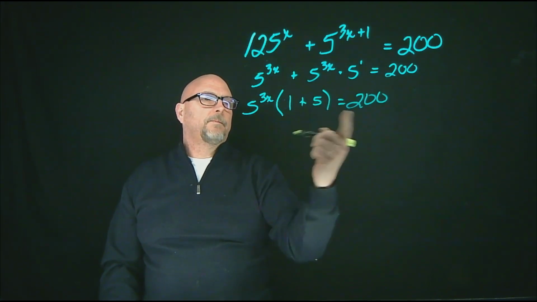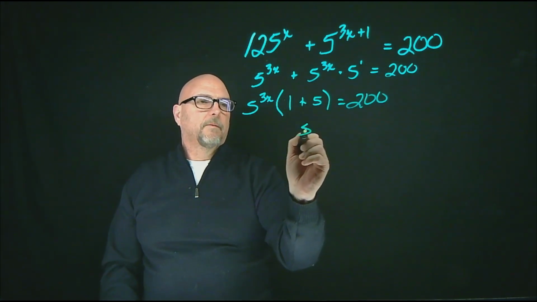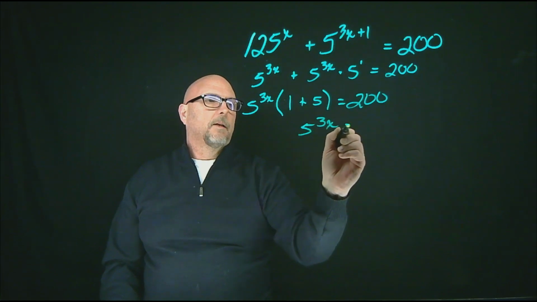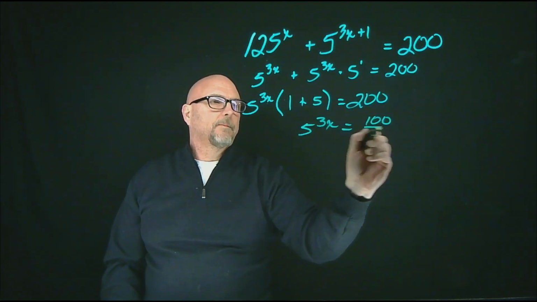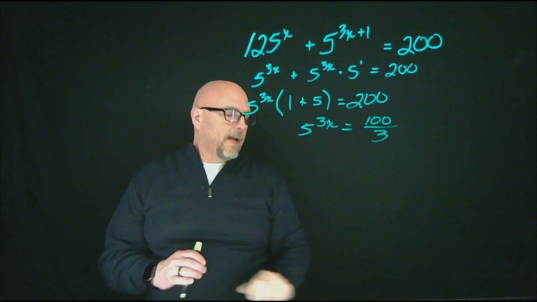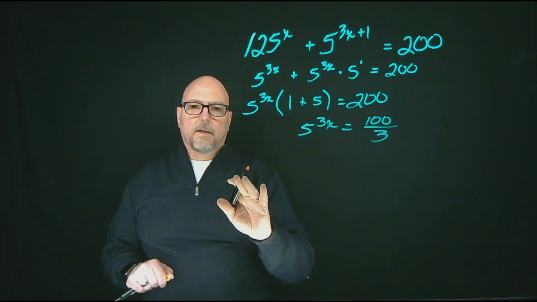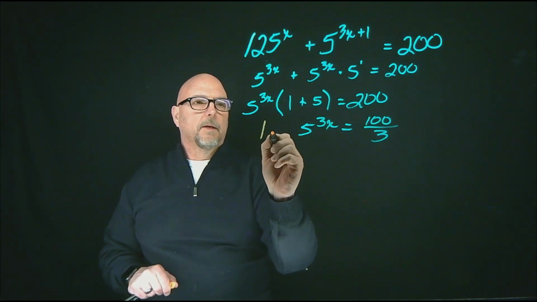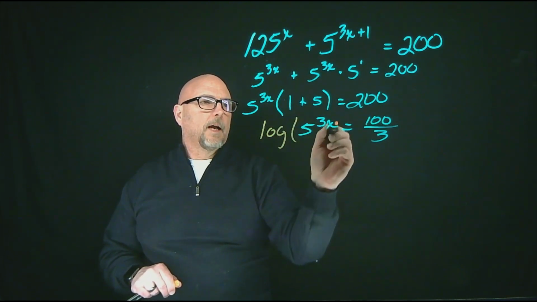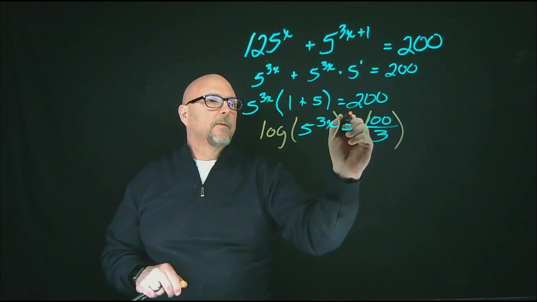So divide both sides by 6. We'd have 5 to the 3x equals our 100 thirds again. So what happens differently is we could, and the answers are going to be equivalent, but they're not going to look the same. So I could just take the common log of both sides of this.